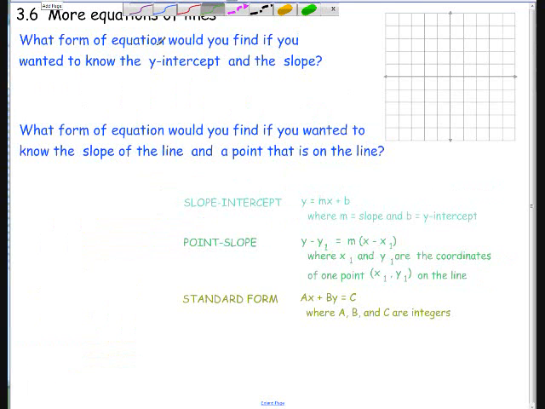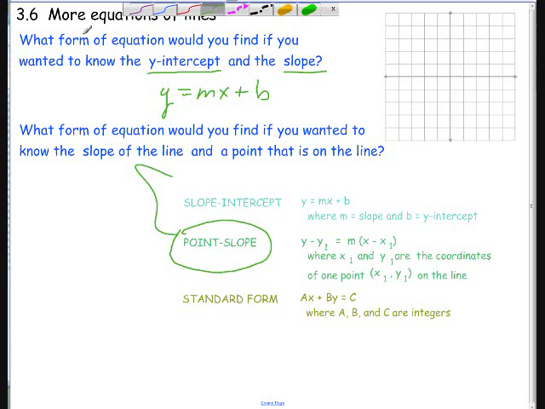What form of equation would you find if you wanted to know the y-intercept and the slope? Of course, one of my favorites. What form of equation would you find if you wanted to know the slope of the line and a point that is on the line? Well, why wouldn't we go with this one right here?